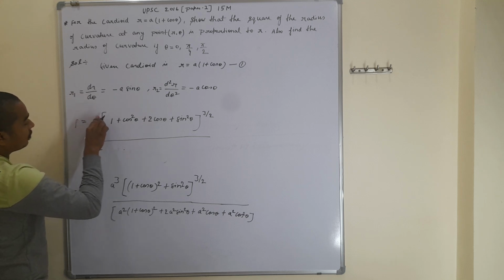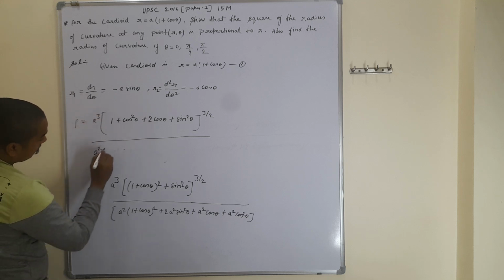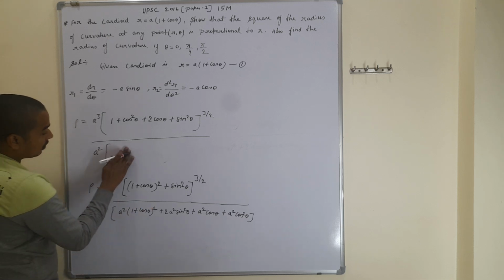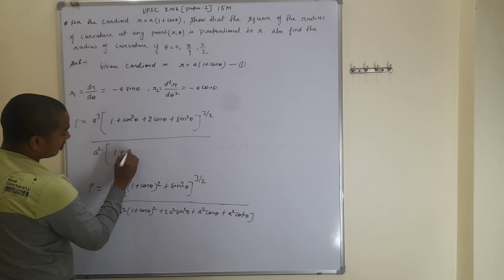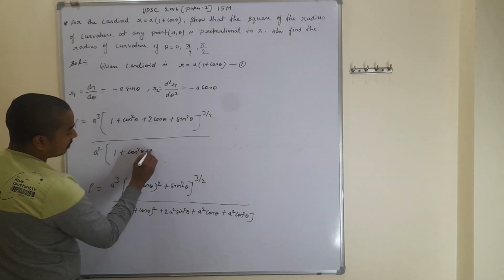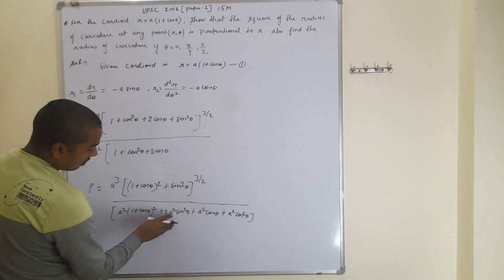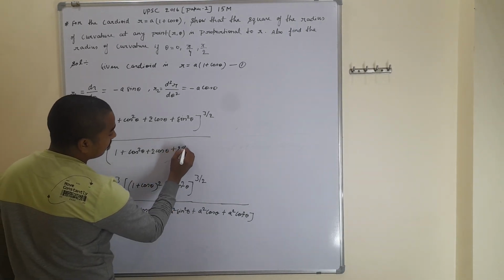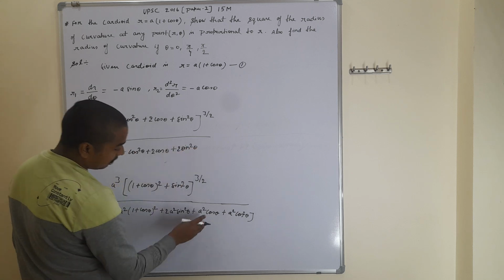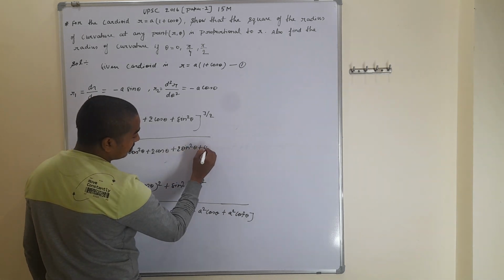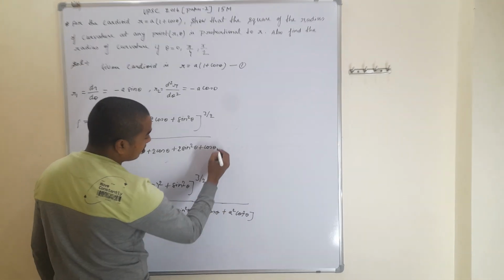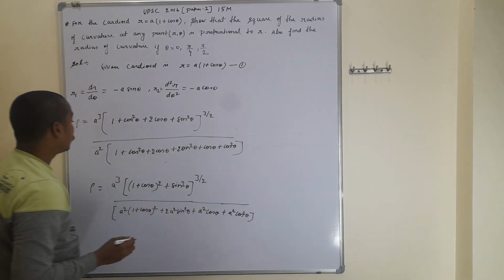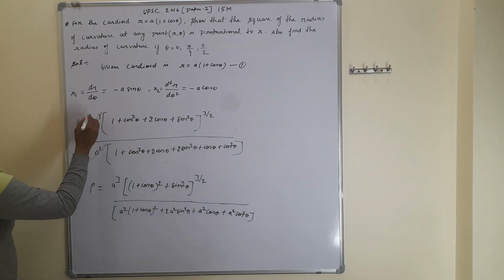The remaining denominator is (1 plus cos theta) whole square, that is 1 plus cos square theta plus 2 cos theta, plus 2 sin square theta, and from here cos theta plus cos square theta.